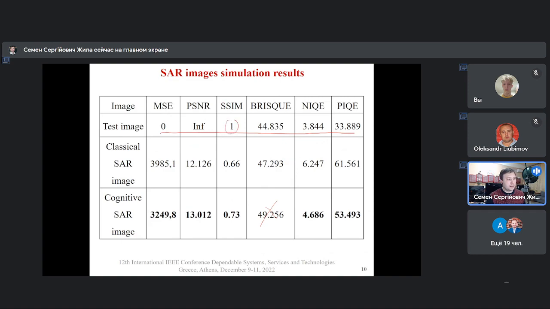SSIM of 1 is the best for structure similarity, and this one gives a better result. This was also closer to 3.8 and to 33 points. Only this metric gave a worse result.